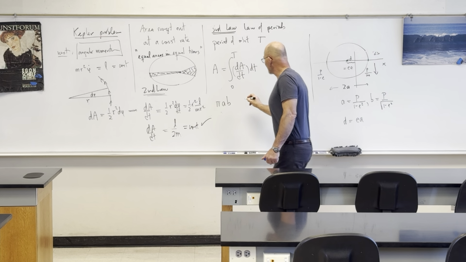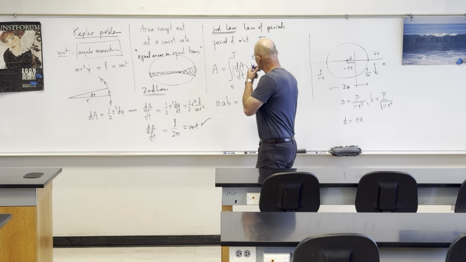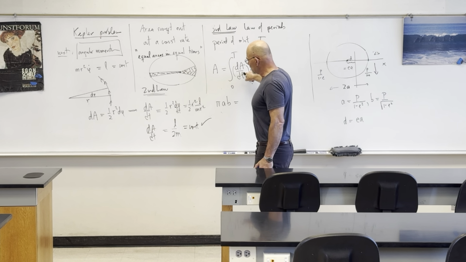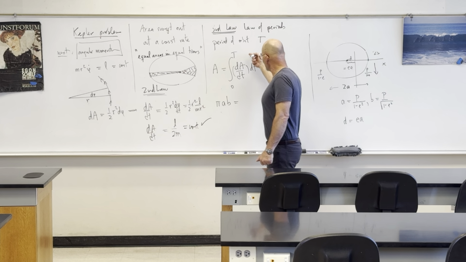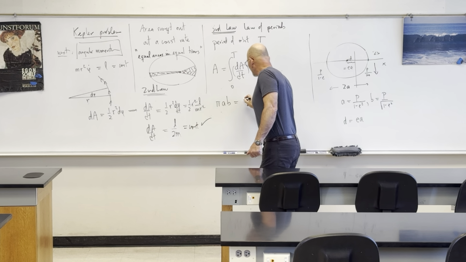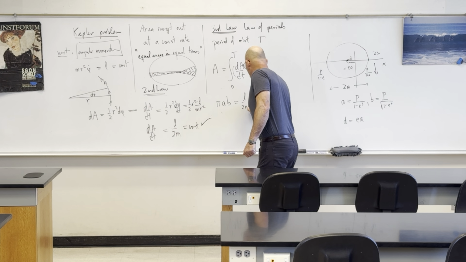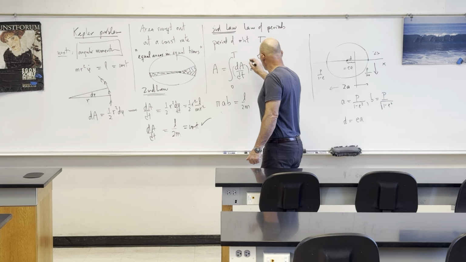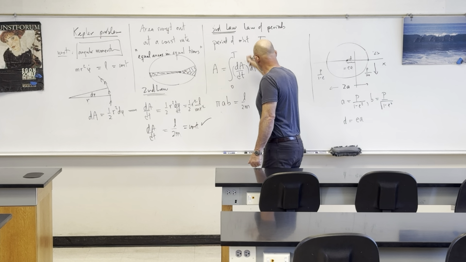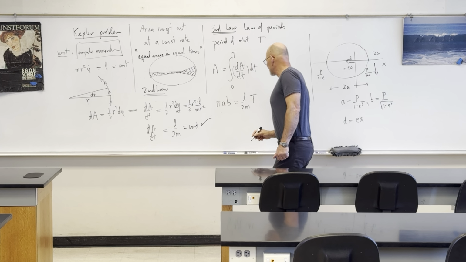And on the other hand, we would have dA dt, which we know is a constant right here. So this integral is trivial. It's this constant L over 2m times the period itself, because this being a constant, we integrate 0 to capital T, giving the period itself.